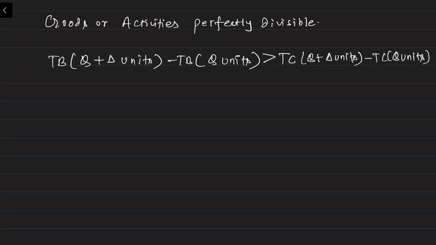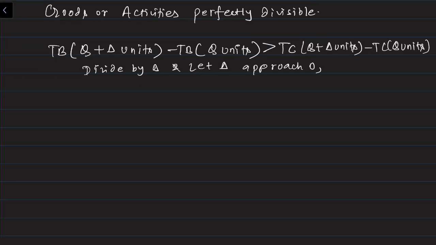Now let's divide by delta on both sides and let delta approach 0. So the left side gives us the derivative of total benefit, and the right side gives us the derivative of total cost.